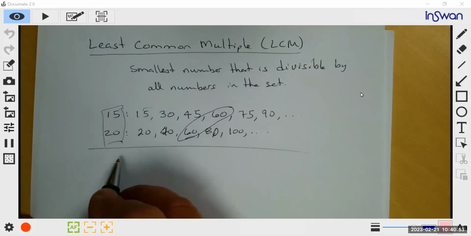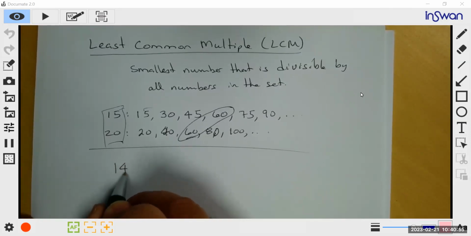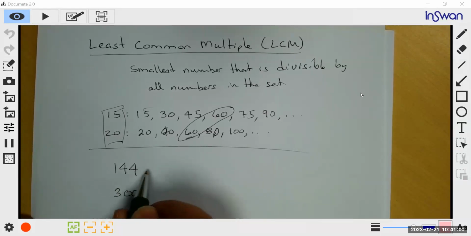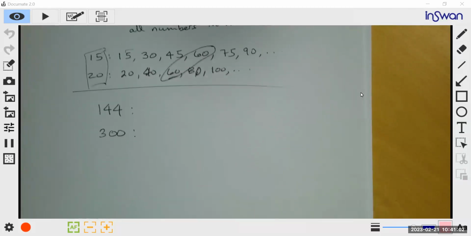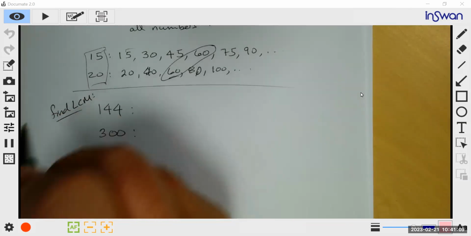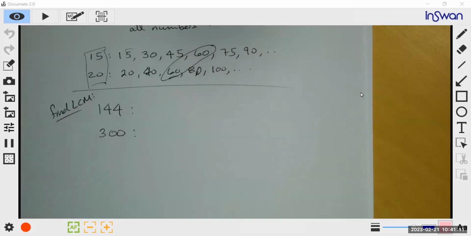Let me see. Find the LCM here of 144 and 300.